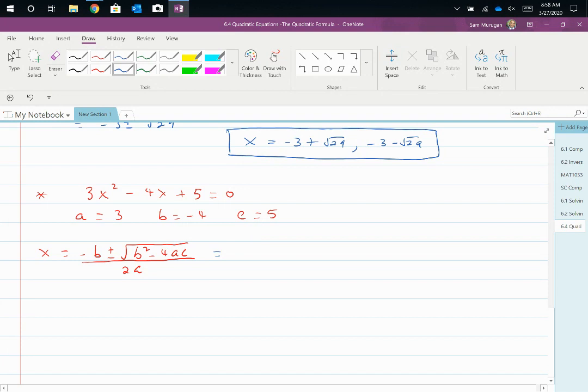Making my substitution, I have, so b is -4, the negative of -4, plus or minus, I'll be careful here because this is -4 squared minus 4 times 3 times 5, all over 2 times 3.